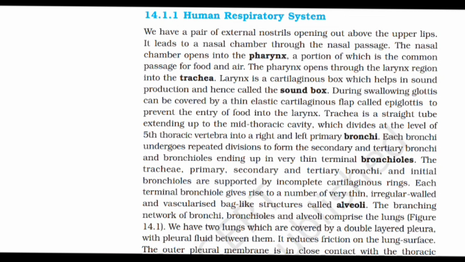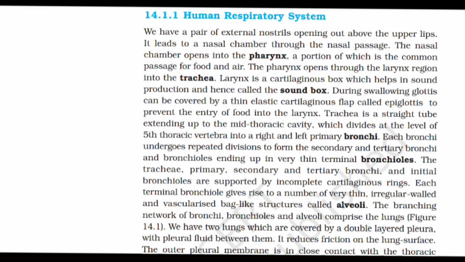The trachea, primary, secondary, and tertiary bronchi and initial bronchioles are supported by incomplete cartilaginous rings. Each terminal bronchiole gives rise to a number of very thin, irregular walled and vascularized bag-like structures called alveoli. The branching network of bronchi, bronchioles and alveoli comprise the lungs.